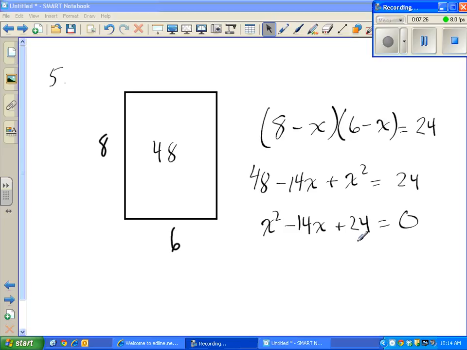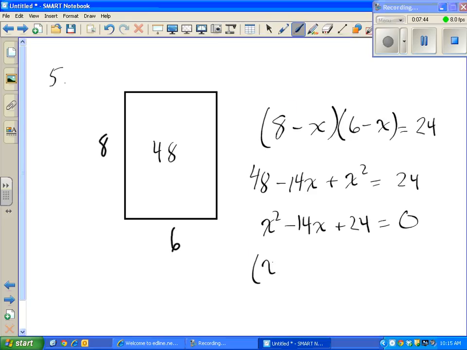So 24, two numbers that multiply up to 24 are 12 and 2. 12 and 2 add up to 14 in some way. And so this is the factorization. So we're going to take x minus 12 and x minus 2.